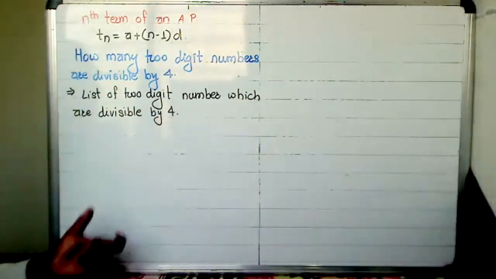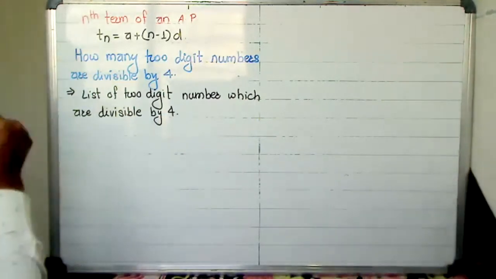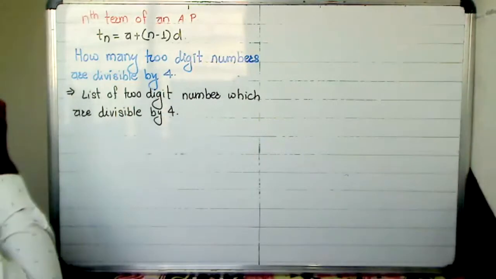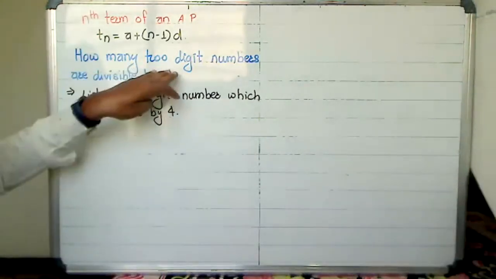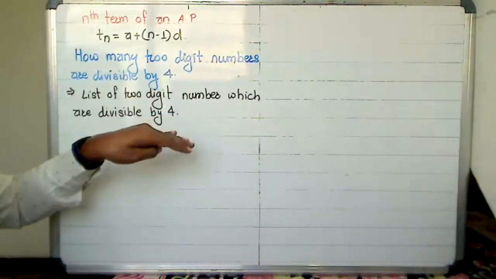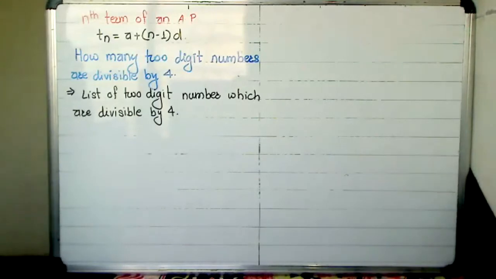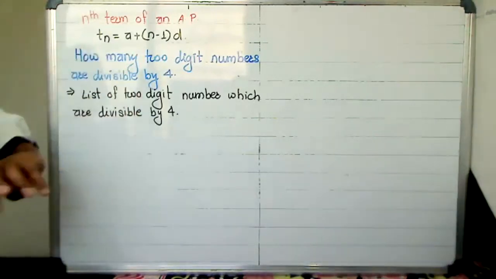Divisible by 4 and multiple of 4, the meaning of both terms is the same. So if the question is given as how many two digit numbers are multiples of 4, the meaning of this question is the same.